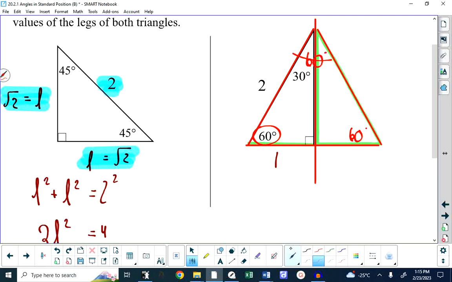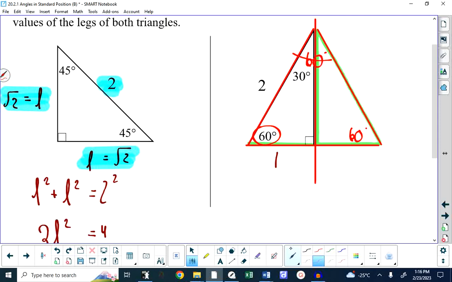You can either figure out that the top angle in that large triangle is 60 by saying all 3 angles have to add up to 180. Or you can say the top angle in that big red triangle is 60 because it's got 30 and 30 in it.